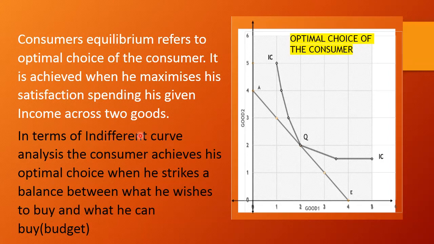In terms of indifference curve analysis, the consumer achieves his optimal choice when he strikes a balance between what he wishes to buy and what he can buy. So, the indifference curve expresses what he wishes to buy and the budget line expresses what he can buy.